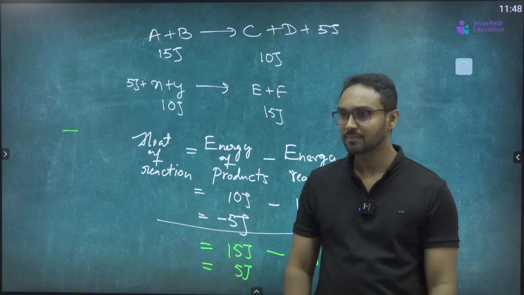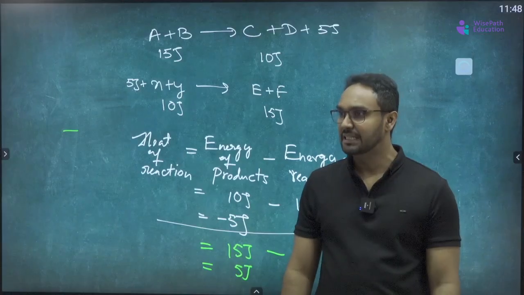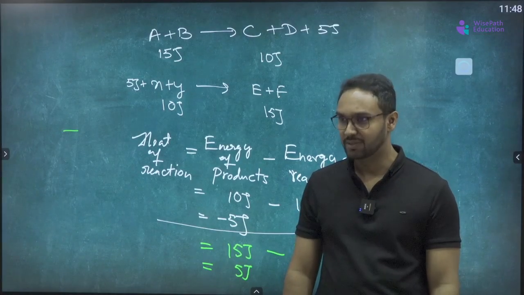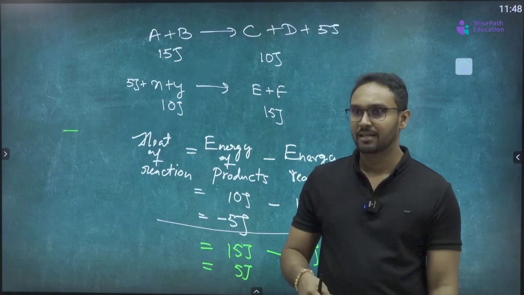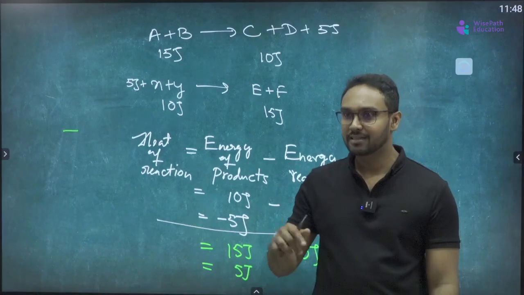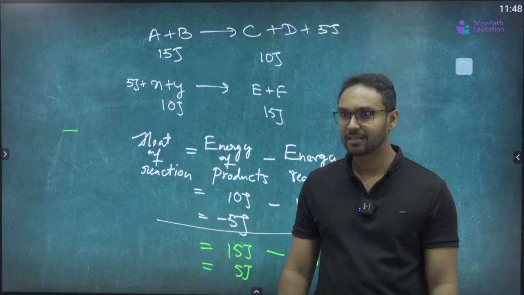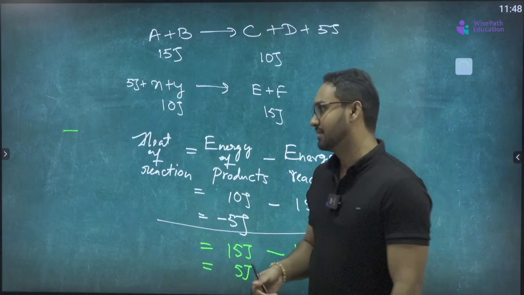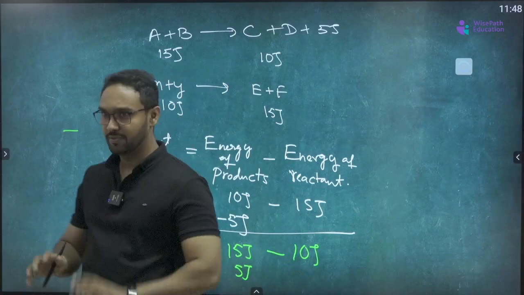Get it? That is the internal energy. You can't see it outside. It's there. You can see it when it's unstable, right? Now I'm trying to explain this for the knowledge.